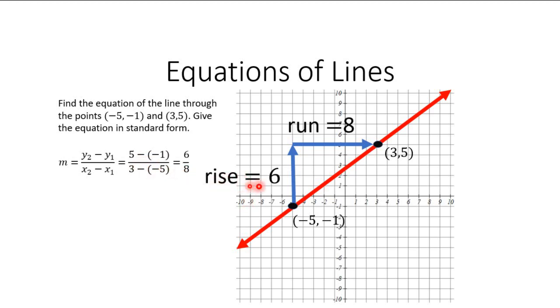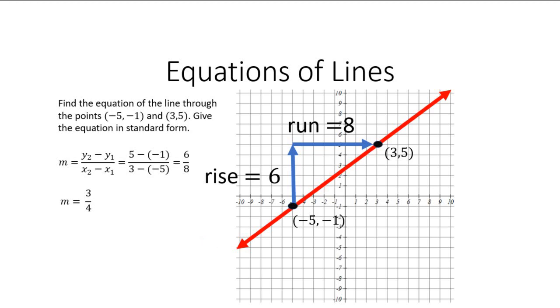So the rise is 6 and the run is 8, and rise over run is 6 over 8. But 6 over 8 is not a simplified fraction. We have to reduce it by dividing the top and bottom by 2, and we get that the slope of this line is equal to 3/4.